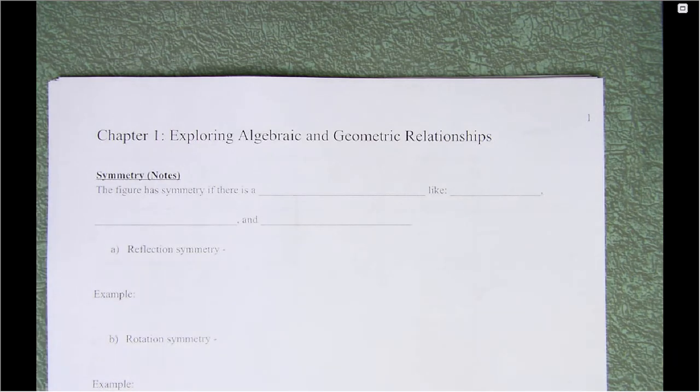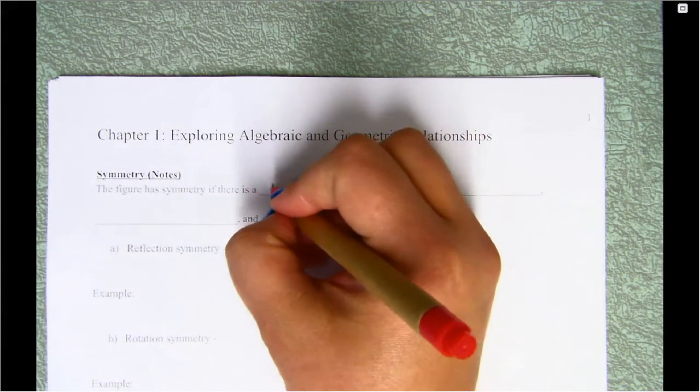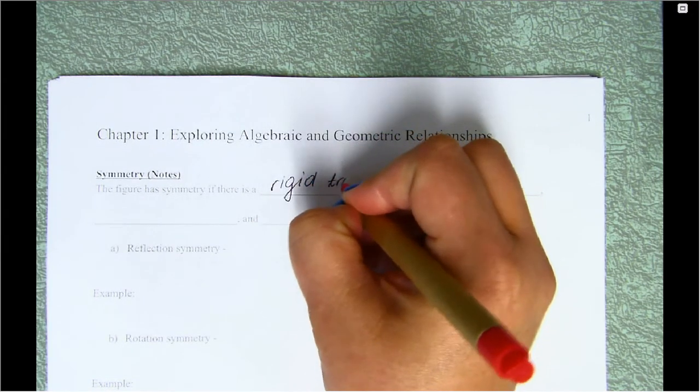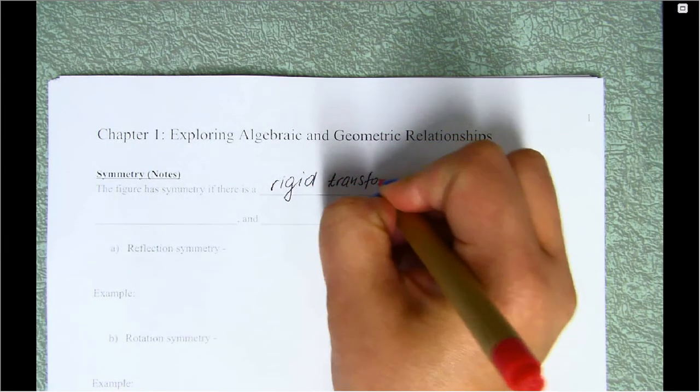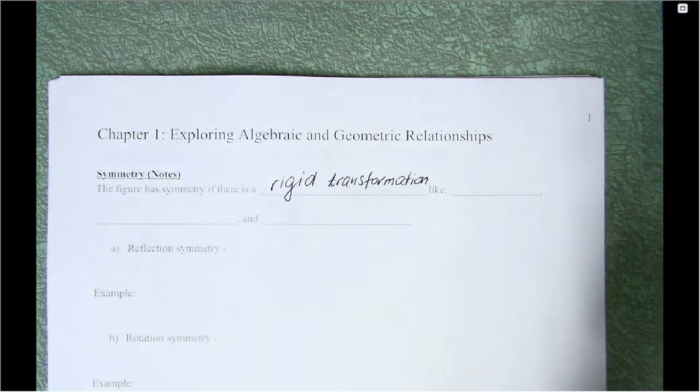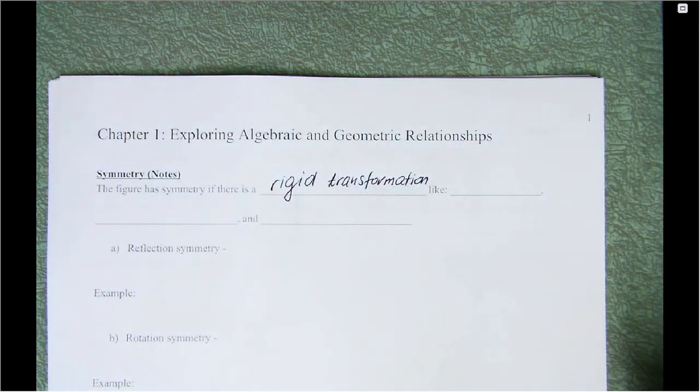So the figure has a symmetry if there is a rigid transformation. Rigid transformation means that it's going to preserve the length and the shape and the size of the figure.